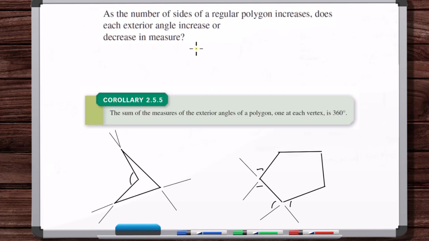The sum of all the exterior angles is going to be 360, no matter how many sides there are. But if there are n exterior angles, the number of sides, then we can see as the number of sides increases, the measure of each exterior angle of a regular polygon is going to decrease in measure.